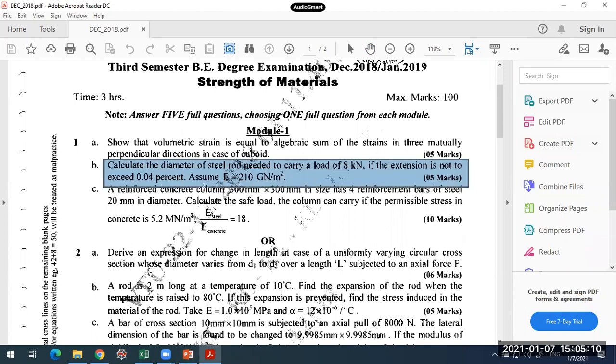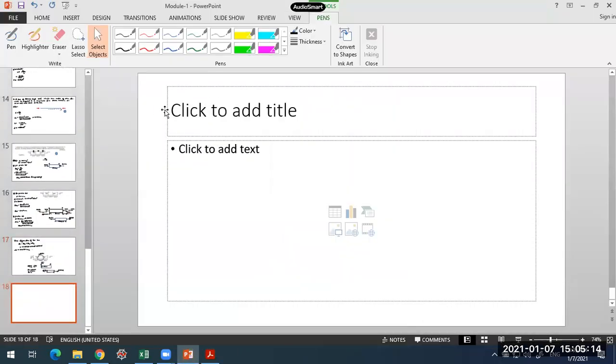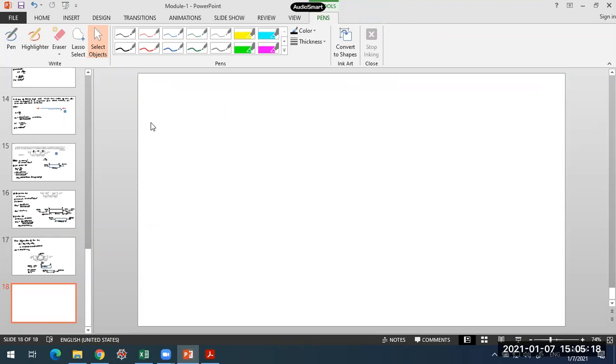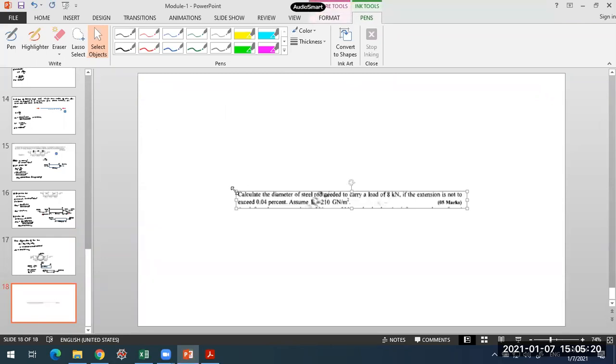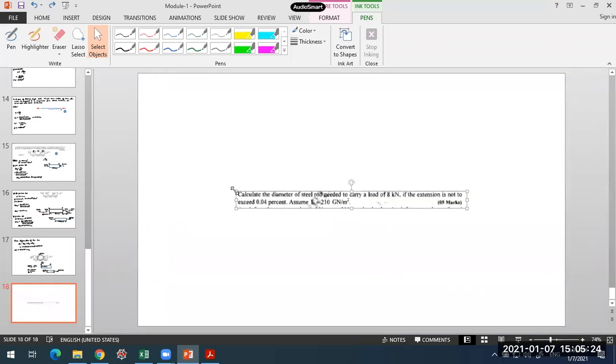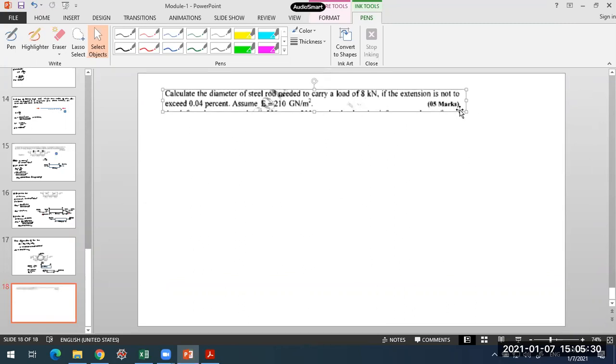Okay, calculate the diameter of the steel rod. You are asked to calculate the property of that bar. Okay, so here what I have is, I think you can see this question.